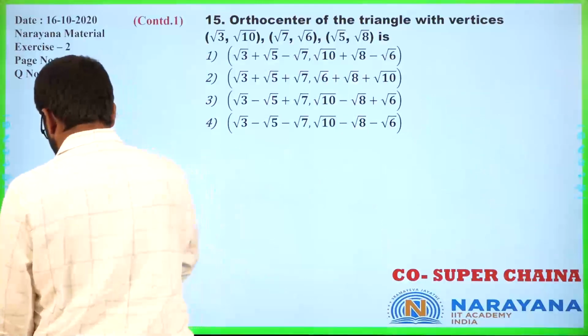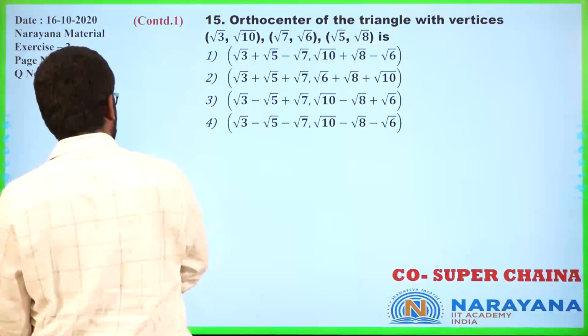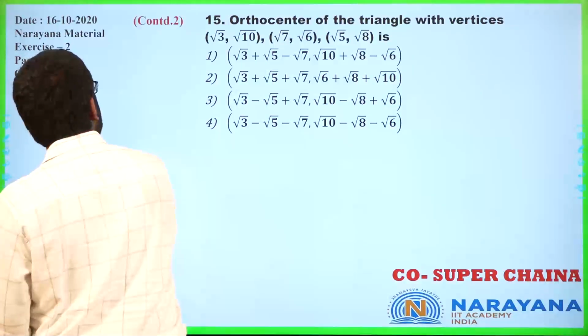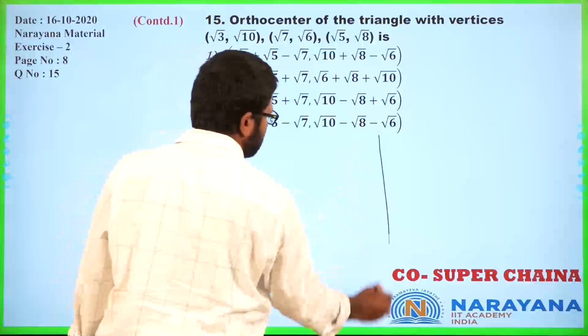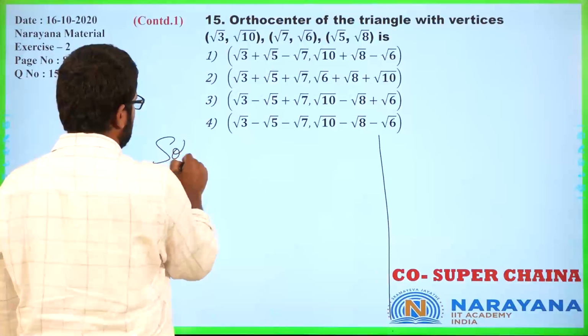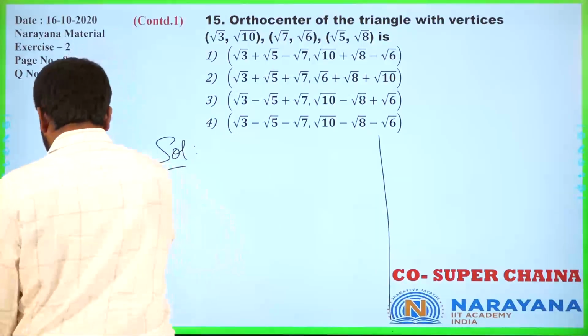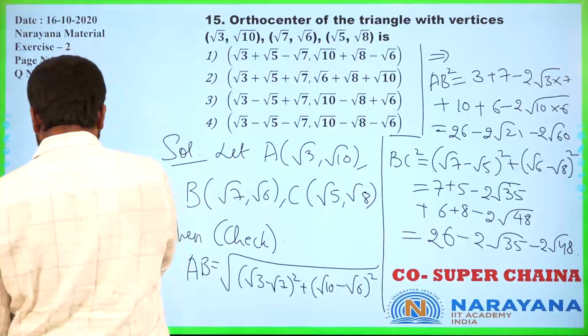So don't get your hopes up. We have done AB square and BC square, and now AC square.